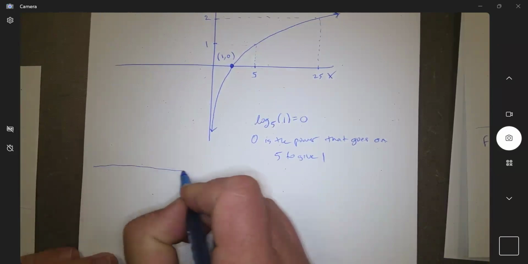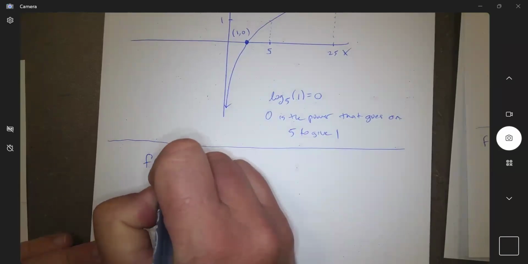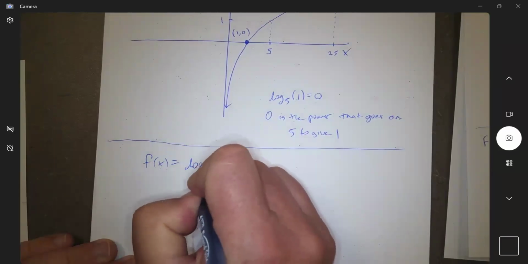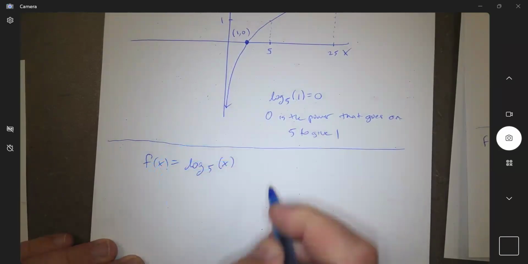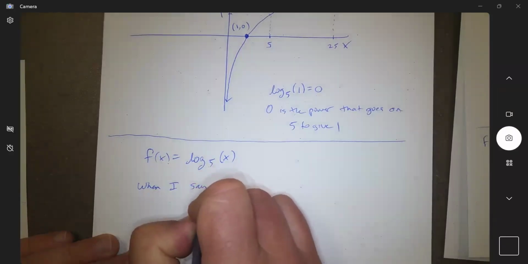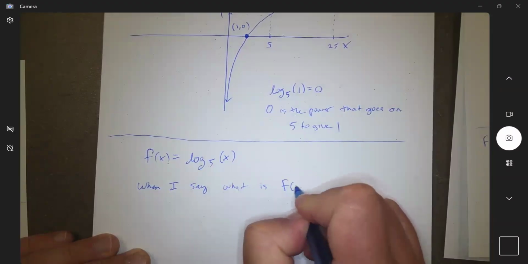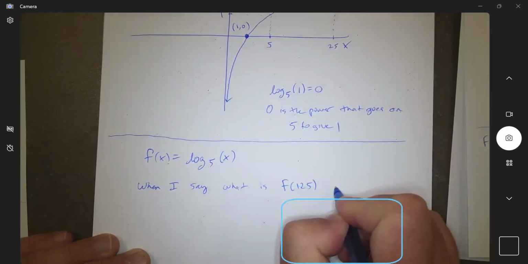So let's check in on the symbols just one more time. f of x equals log base 5 of x. When I say, what is f of 125?